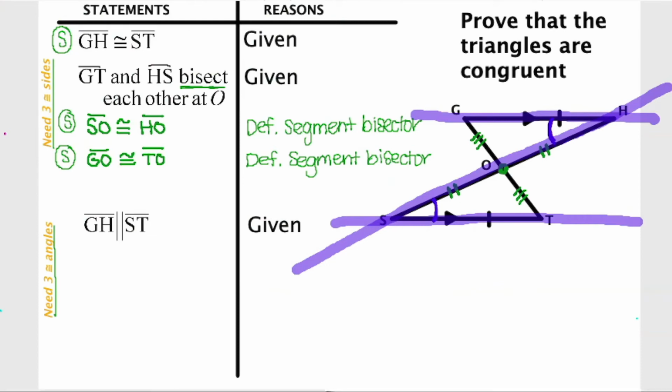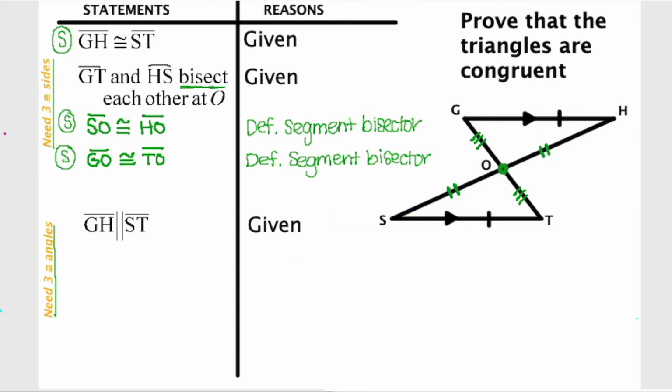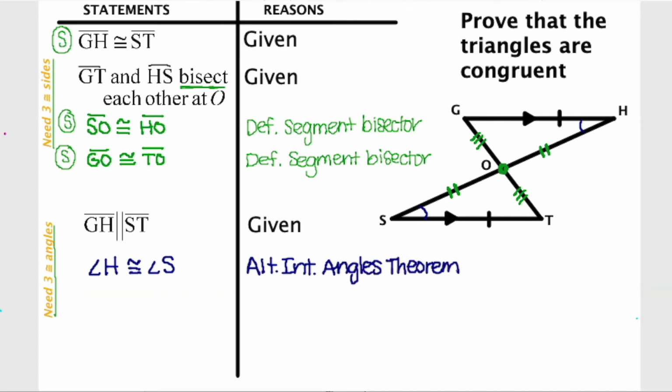Do you remember me telling you about if it forms the letter Z, those are alternate interiors? So angles H and S are alternate interiors. The only reason we can say those are congruent is because we had those parallel lines. So parallel lines led us to the alternate interior angles being congruent. That's one pair of angles.